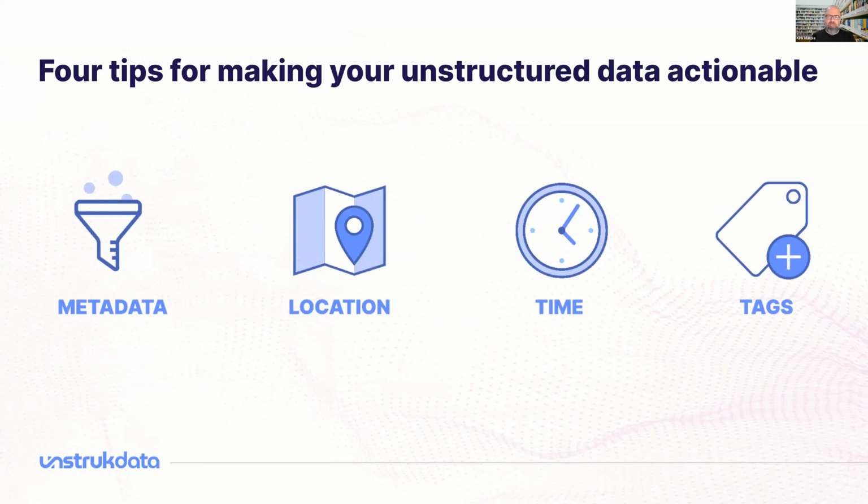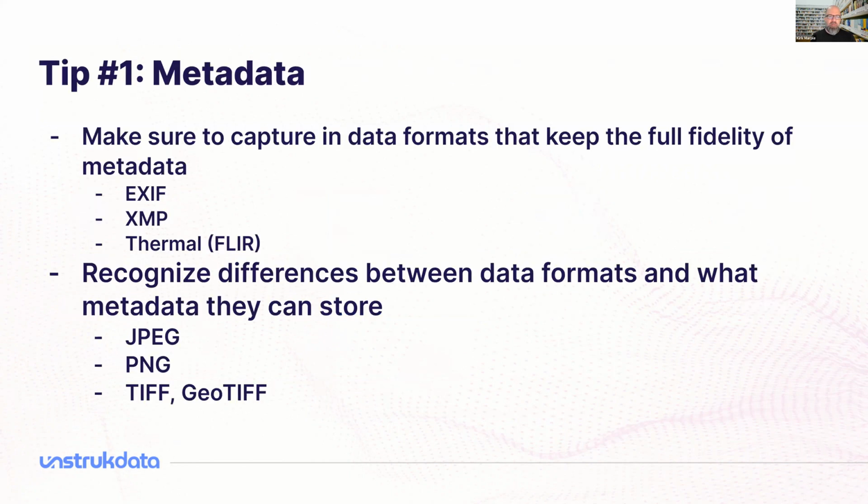To make this data actionable, you have to focus on what I call different axes of how you align your data. Then we have some tips, about four or five slides more, on how to get the most out of your data. The first is making sure you're not losing data. The metadata is data about the data that's inside the files you're capturing.